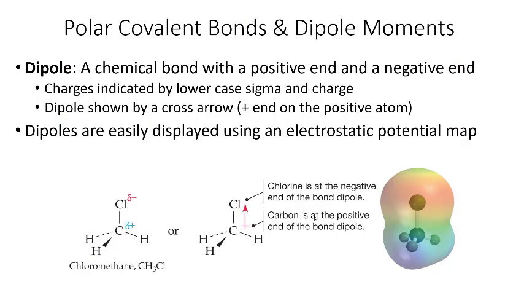So if we go back to our slide now, we can take a look at the electron potential map, the color image here, and we can see that that in fact is true. As we go from our partial positive on the lower side of our molecule up to our partial negative on the top of the molecule, we can see the electron density of the molecule as a whole.